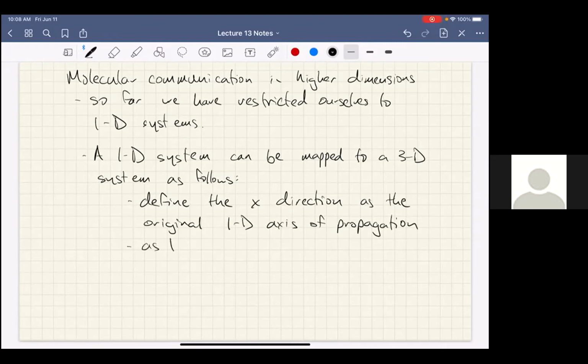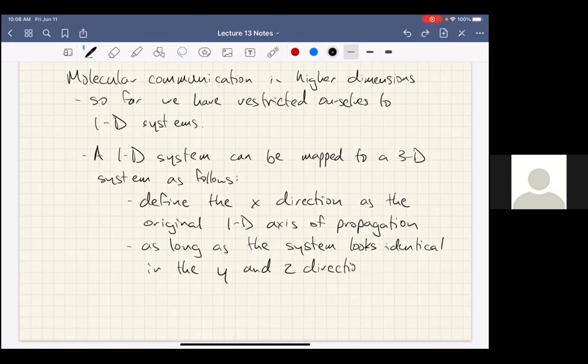As long as the system looks identical in the y and z directions, the 3D system is identical to the 1D system.